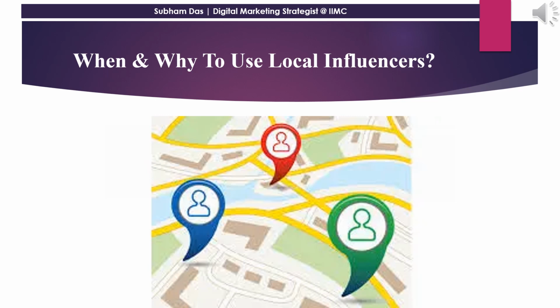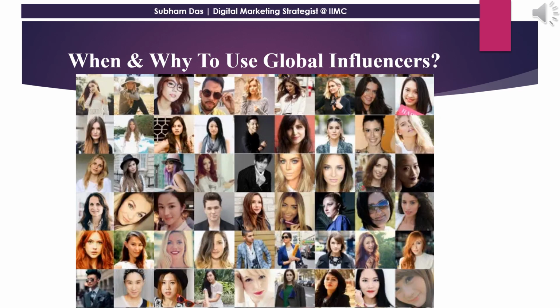Over to the next slide. When and why to use global influencers? Global influencers are people who have followings in multiple locations. That is, maybe they are people of India, but they have settled in the USA, or people of the Middle East settled in the US, people of Europe settled in the UK.